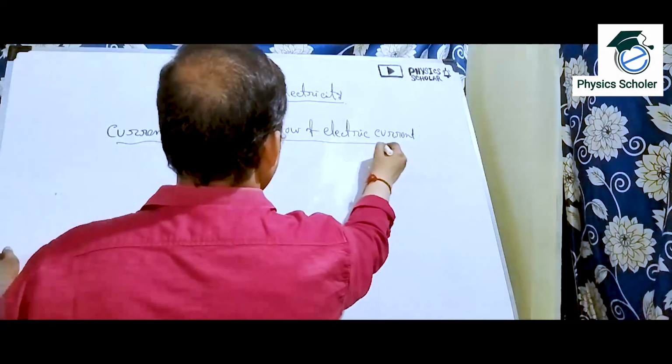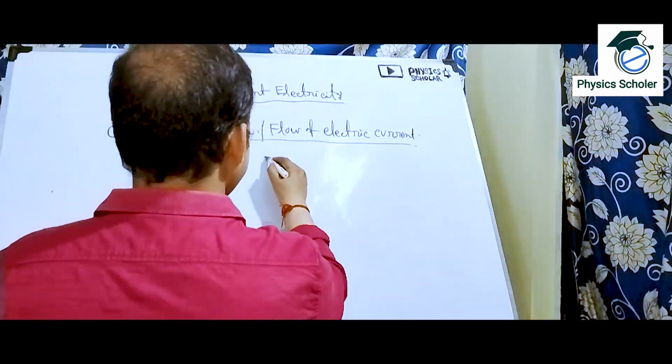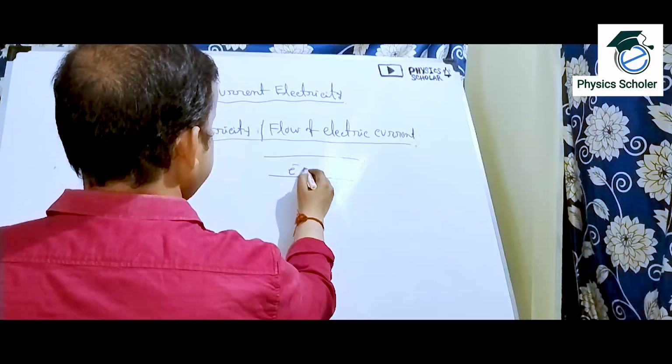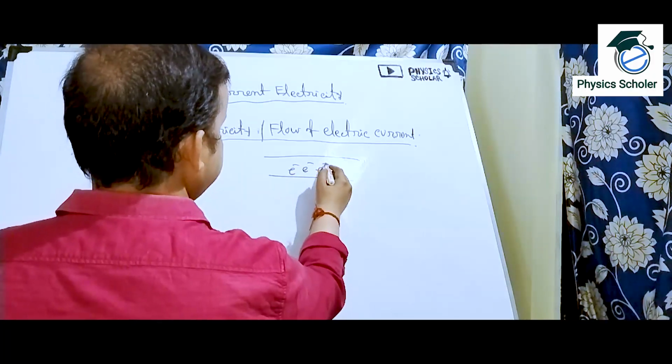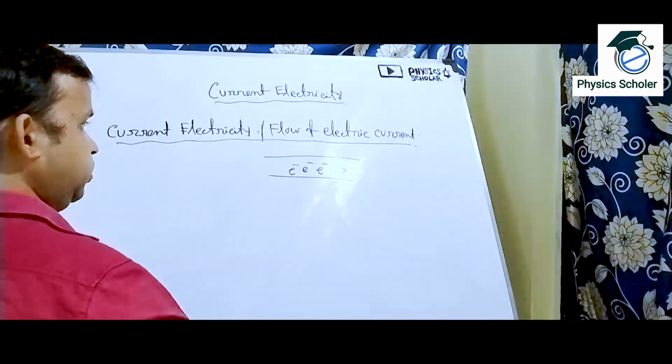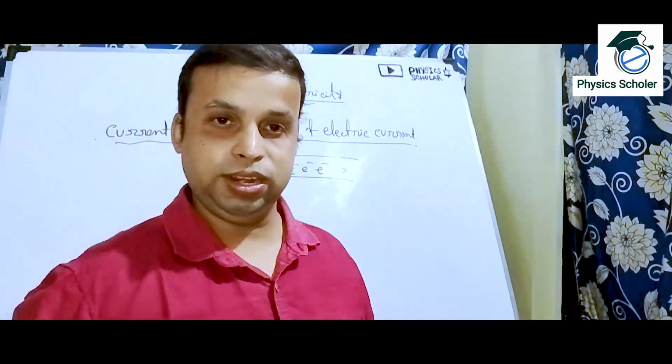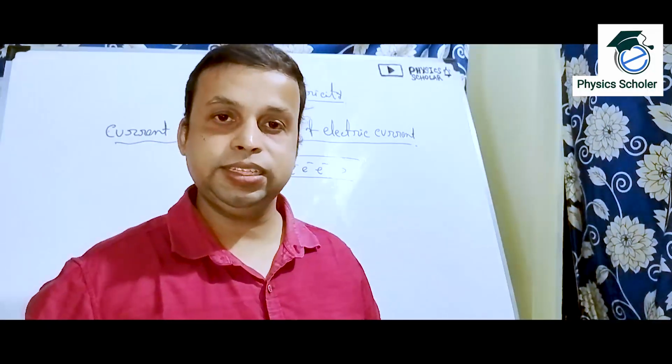So see, suppose this is a conductor. If the electrons are flowing through the conductor, or charge is flowing through a conductor, then the current electricity will develop.